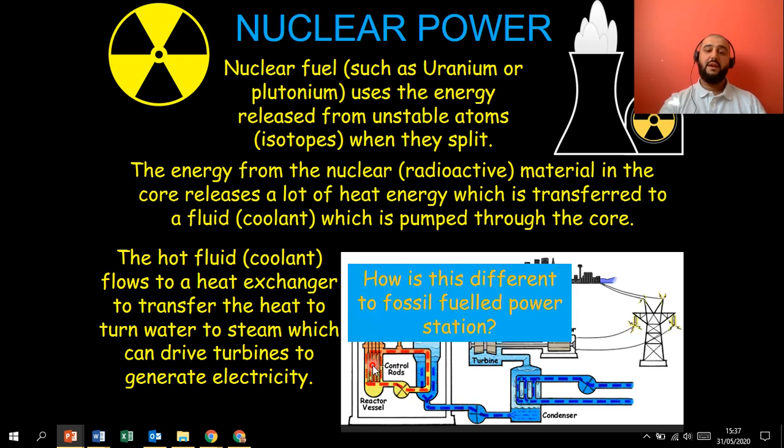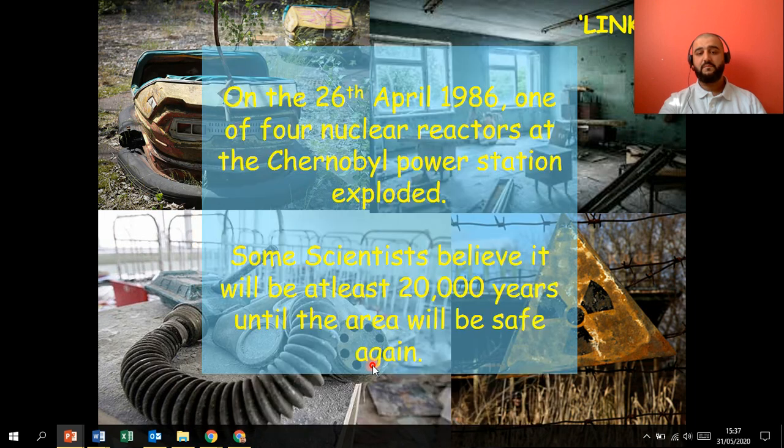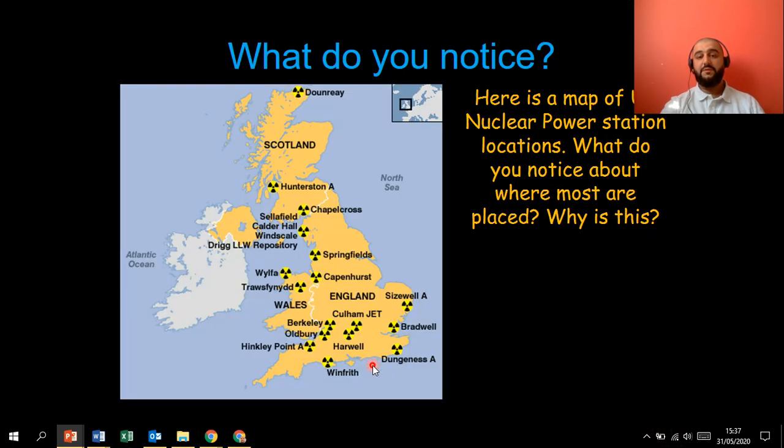And so you'll find that many of these nuclear power stations are built on the coast, and that's because obviously they have easy access to water. Okay, and that water is very important for cooling or keeping the temperature at a specific threshold.